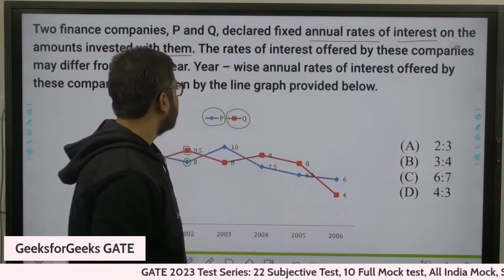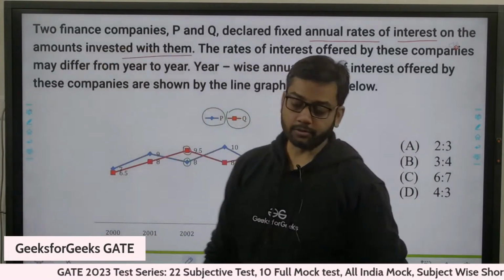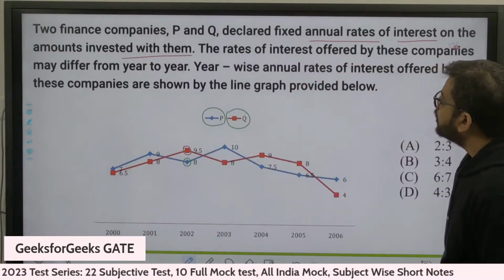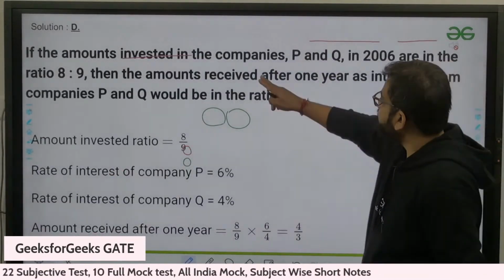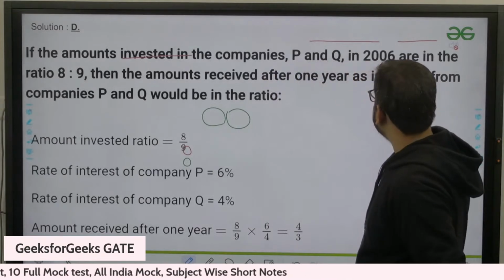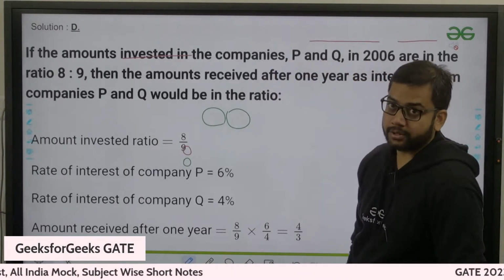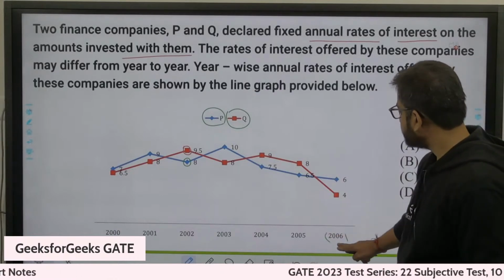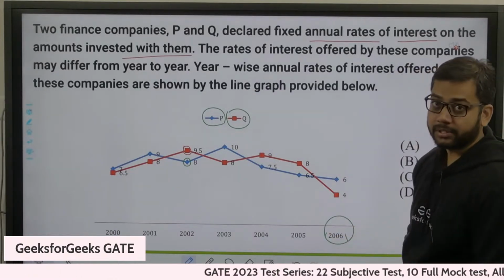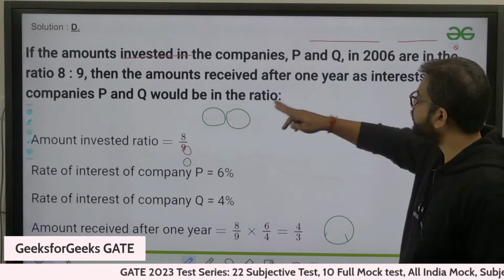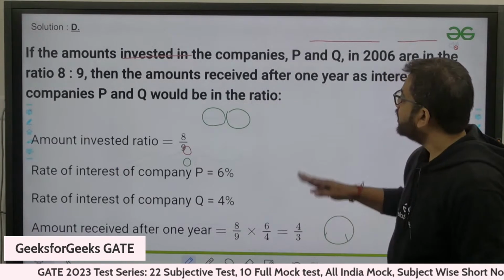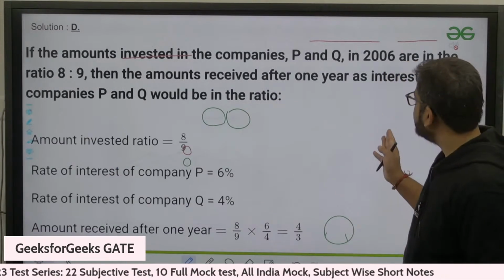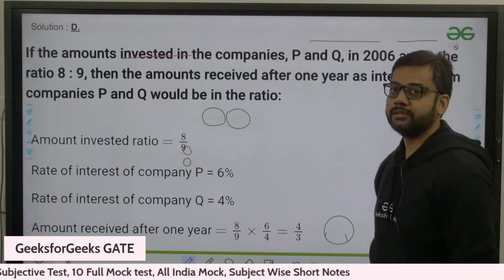Okay, so the question does not end here. The amounts invested in companies P and Q in 2006 are in the ratio of 8:9. Then the amounts received after 1 year as interest from companies P and Q are in the ratio of what?